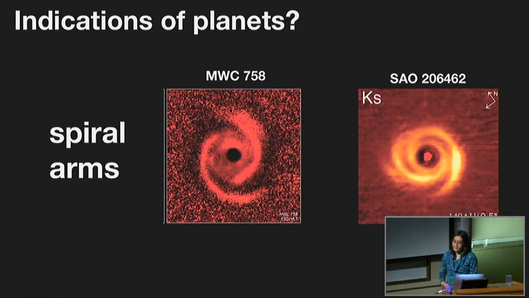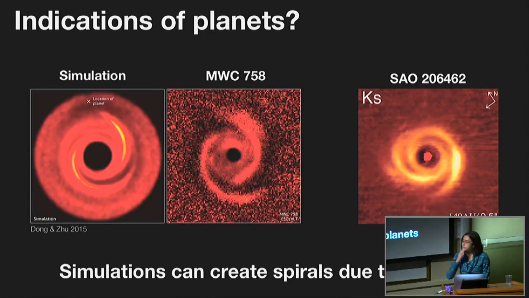So the reason I say that these could be indications of planets is because of some modeling work we've done to think about planet formation. So planet formation, like many fields in astronomy, goes down two paths, the observations and the theory route. And the theory route involves lots of modeling and computer simulations. So using one of these computer simulations, people said, I wonder if I could match that picture on the left.